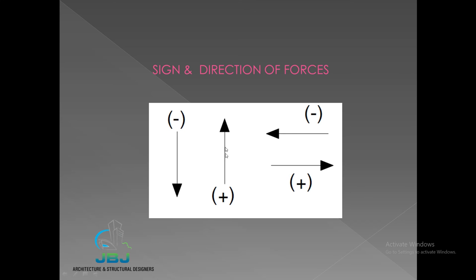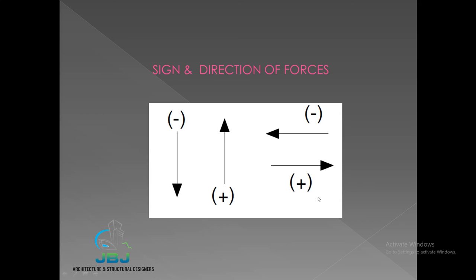If the force is acting upward, you should consider the positive sign. Similarly, if the force is acting towards the left, you should take the negative sign. If the force is acting towards the right, you should take the positive sign.